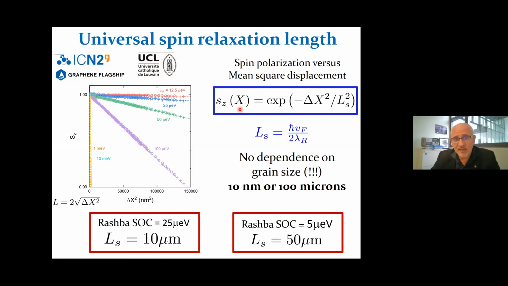So with this kind of simulation, we could make a prediction of a universal spin diffusion length when graphene is on top of silicon oxide, and we reach this type of spin-orbit coupling strength. We get 10 microns, and for graphene on top of boron nitride, we got some 50 microns. But this is very important because if we want to use polycrystalline graphene for spintronics, we don't really need to have a system of 5 micron average grain size.